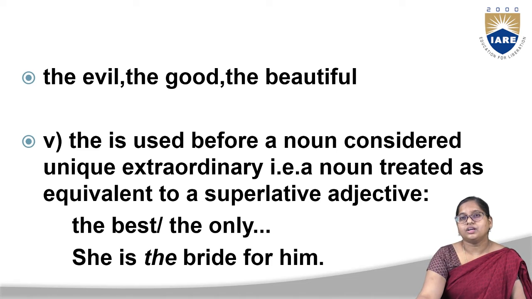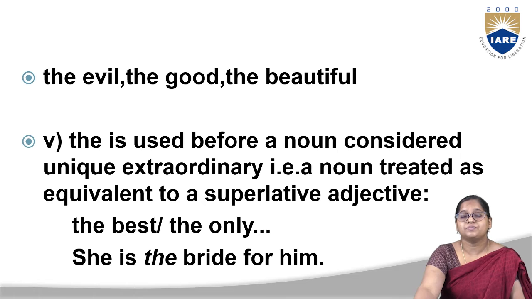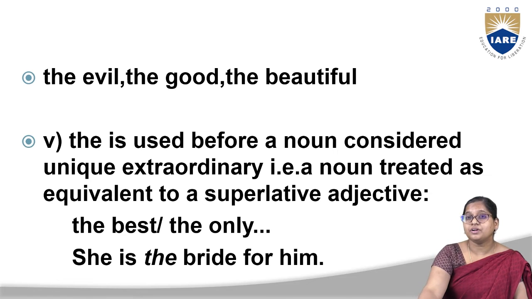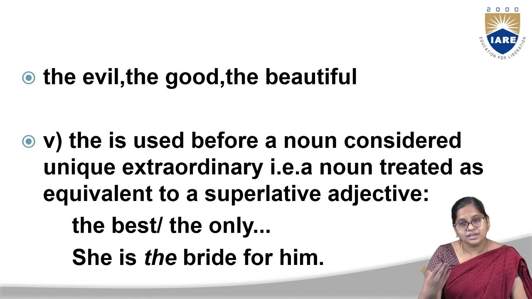So whenever you are talking about the exceptions or the best of everything, you can use superlatives, and when you use superlatives, you can use the definite article the. She is the bride for him. Very particularly, specifically you're saying, who is the bride? Oh, she is the bride. When the definite article is used, you cannot randomly say some girl, but you are saying the girl, she is the bride.